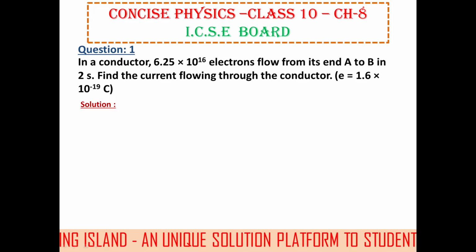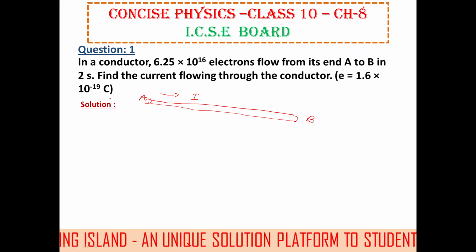We know that. You see, there is a conductor. Suppose this is a conductor. This is terminal A, this is terminal B. Current I starts flowing from A to B. So we'll have to find out the current.